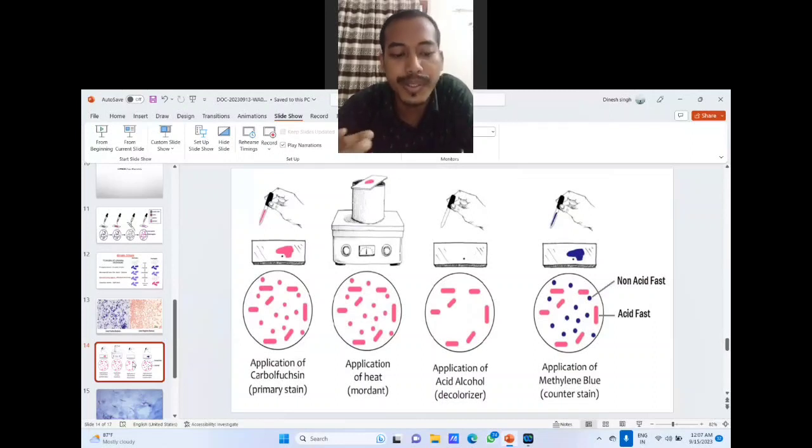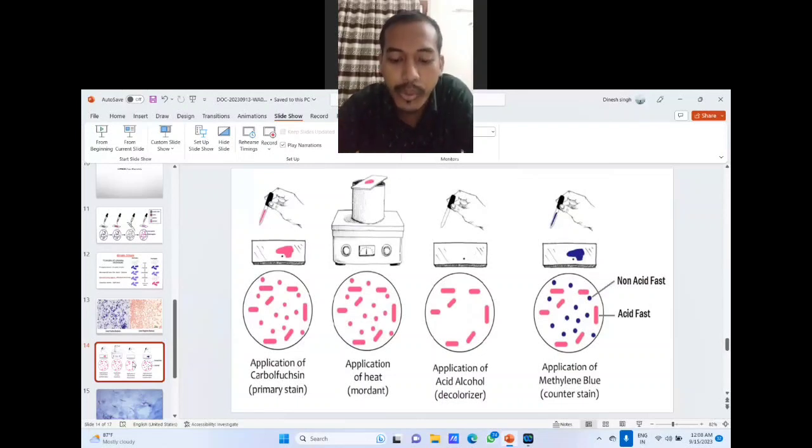When you apply the carbol fuchsin during the heating time, it goes inside the cell wall or the cytoplasm of the bacterial cell. It stays there, and when it cools down, whatever stain went inside this lipoid material present in the acid fast bacillus cell wall will stay there forever.